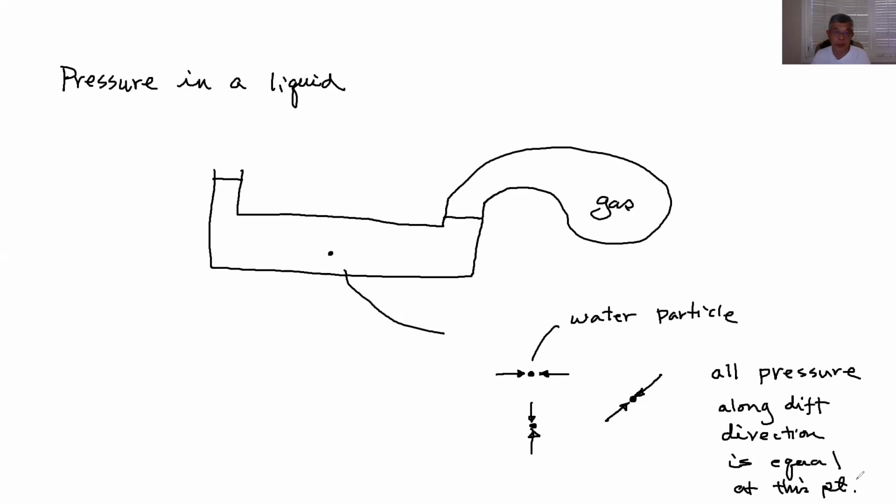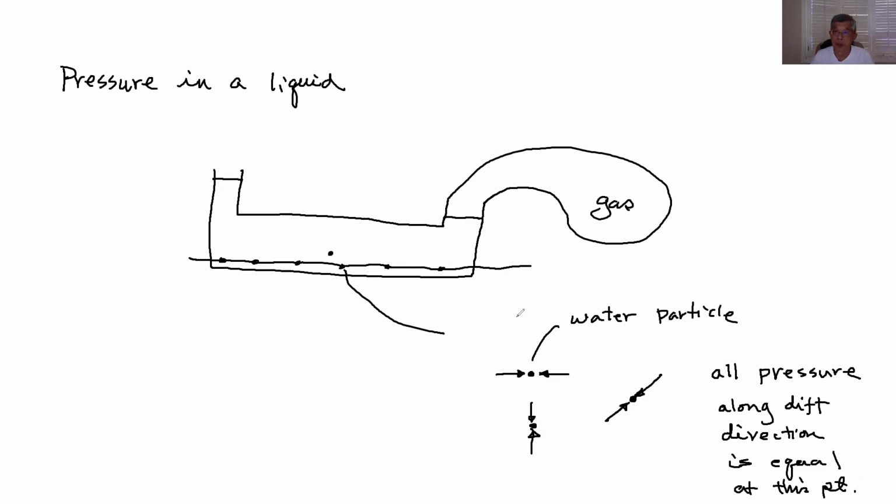So that's one thing. The second thing we want to talk about is, if we look at this level here, for example, then every single point, the pressure should be the same.